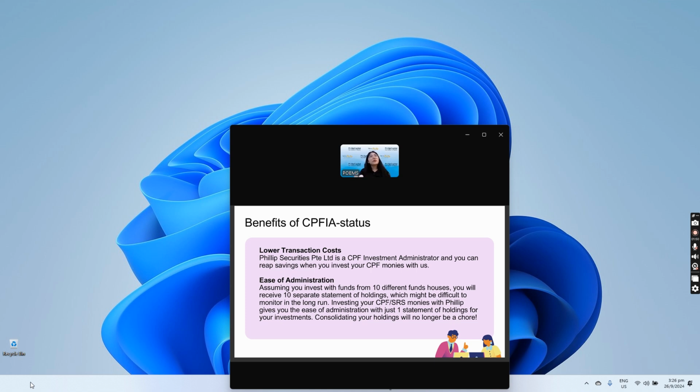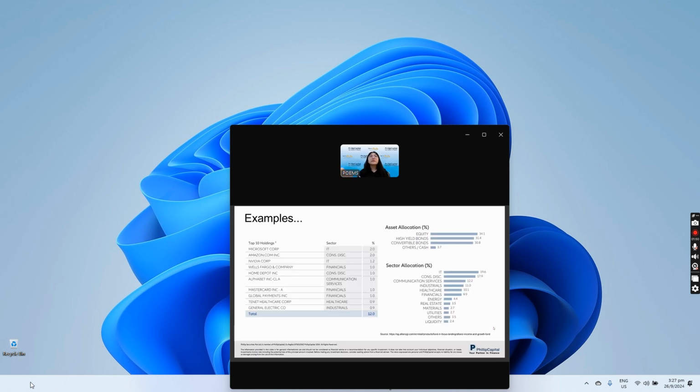But if you invest using our platform, we consolidate everything in one statement of holdings. So you can just monitor one PDF, one paper.